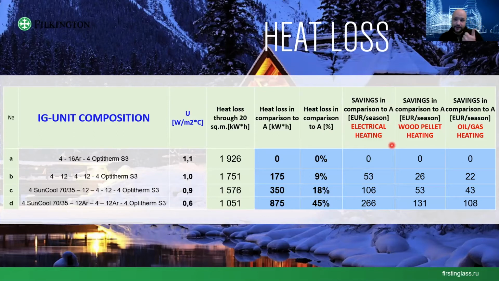If the customer with this cottage has electrical heating, mind you, the least cost-effective one, when the customer sees that during the winter time, from his 20 square meters of glass, he will be saving 266 euro, that immediately will bolster his interest by a lot.